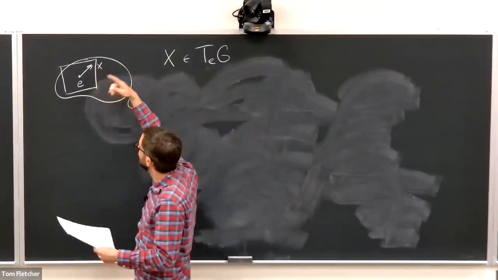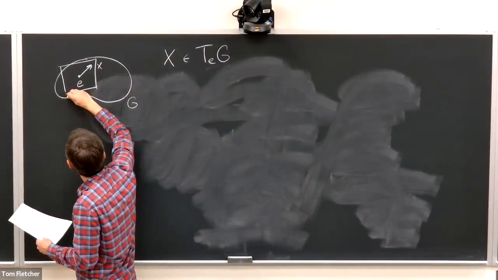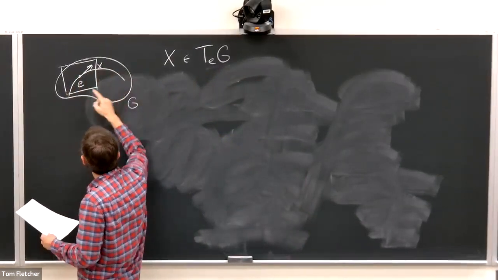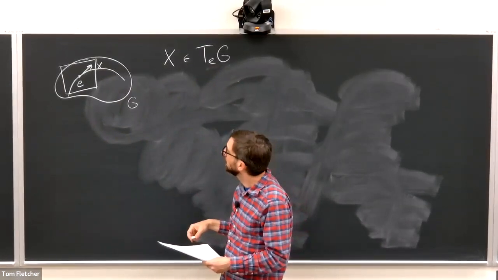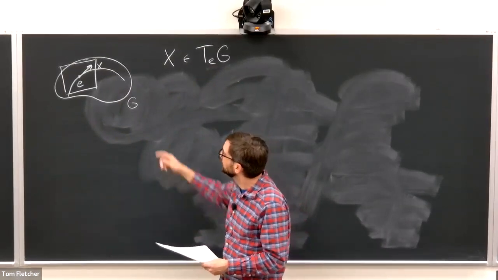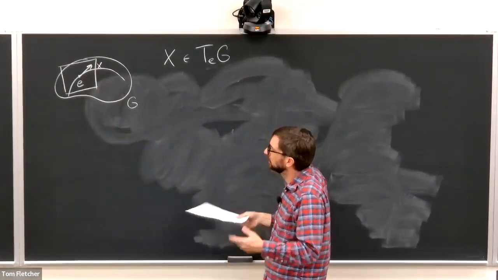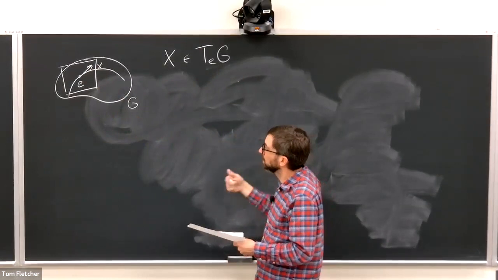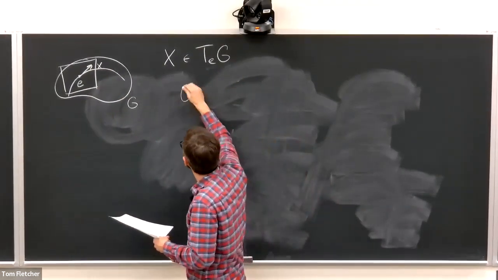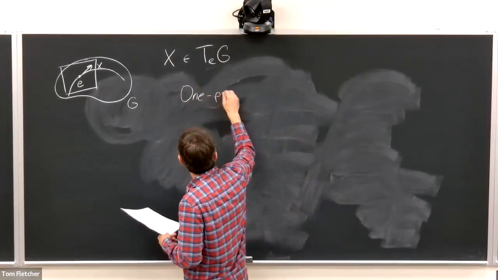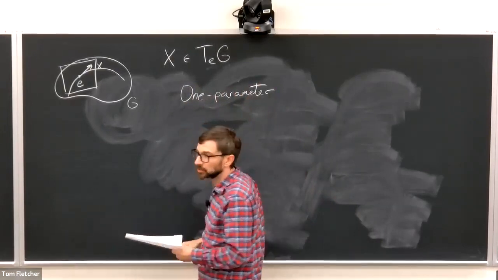I have a vector. Now, a one parameter subgroup is a smooth curve passing through the identity. Its velocity at the identity is X, let's say. The one parameter part just means it's a curve, one parameter, like all curves.